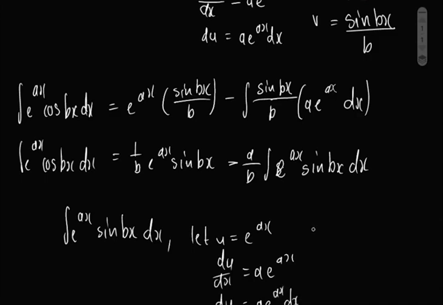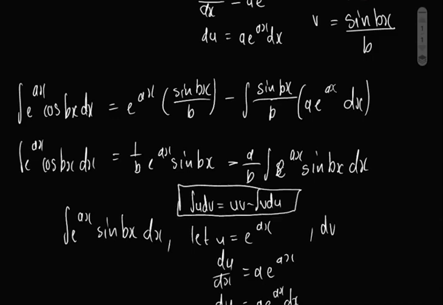And therefore, remember the by parts says the integral of u dv is equal to uv minus the integral of v du. So what is my dv? My dv is sine bx, and v is the integral of sine bx with respect to x.